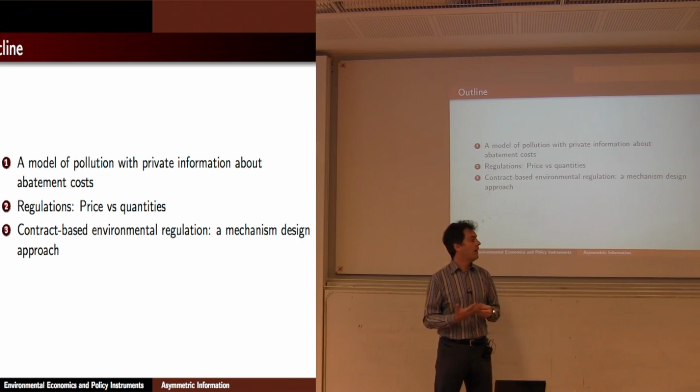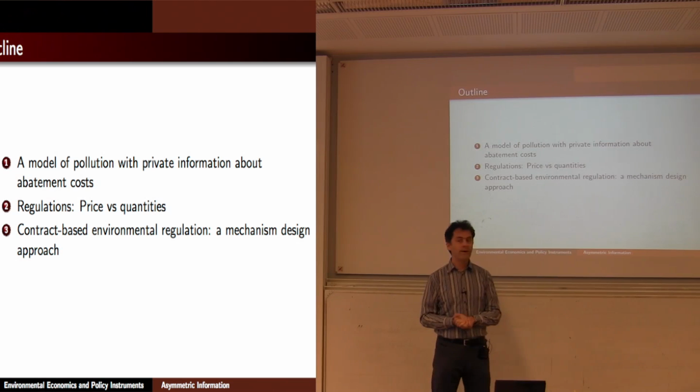Okay, so it's a problem in which you have a menu of regulation. You can decide about different levels of abatement as a firm, and you get different fees and subsidies depending on the level of abatement you commit to. And the problem is how to design these abatement levels and transfers.